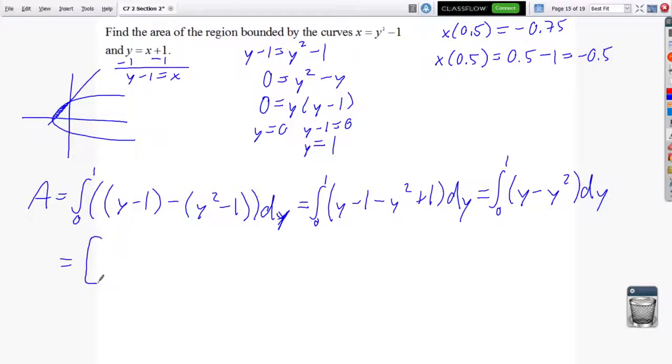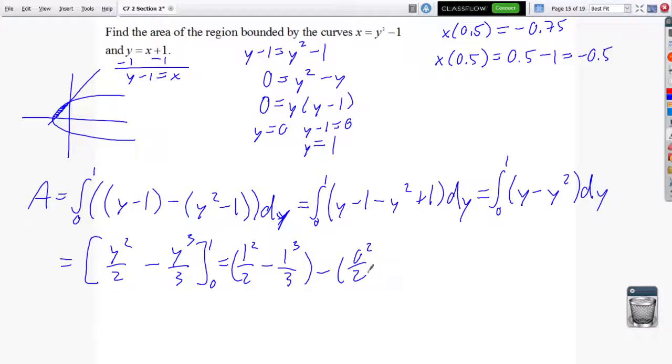I would have the antiderivative of y is y squared over 2 minus y cubed over 3, from 0 to 1. So we've got 1 squared over 2 minus 1 cubed over 3 minus 0 squared over 2 minus 0 cubed over 3. That's gone. All we're left with is 1/2 minus 1/3.